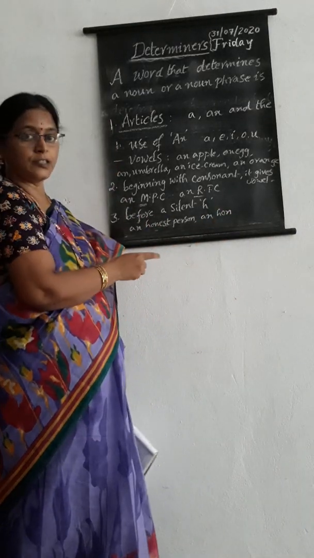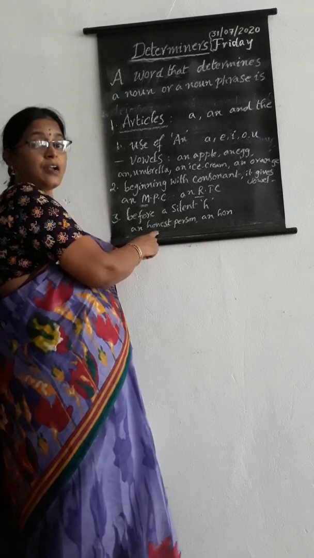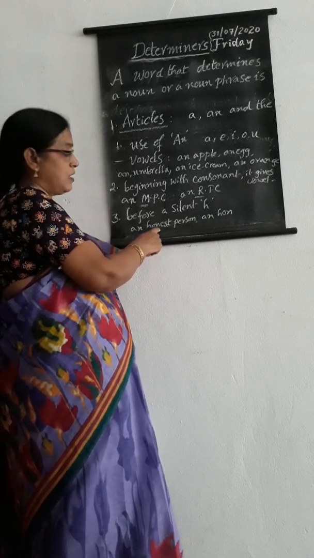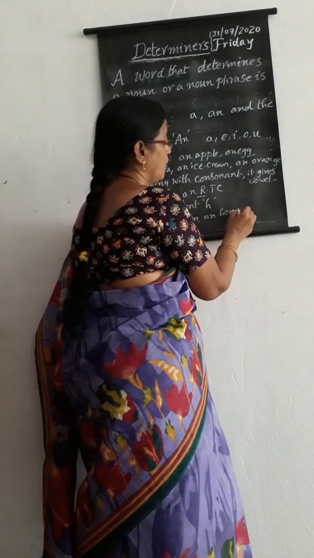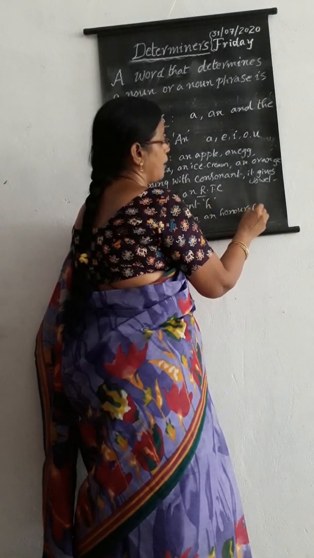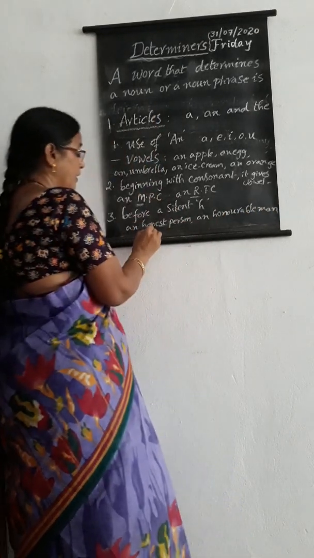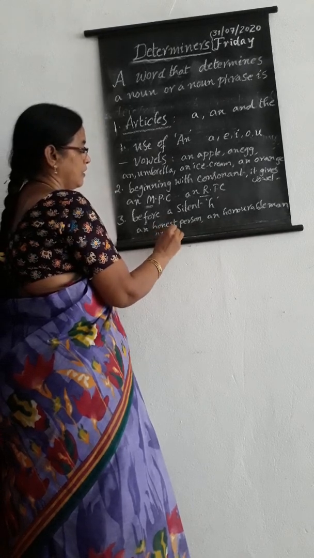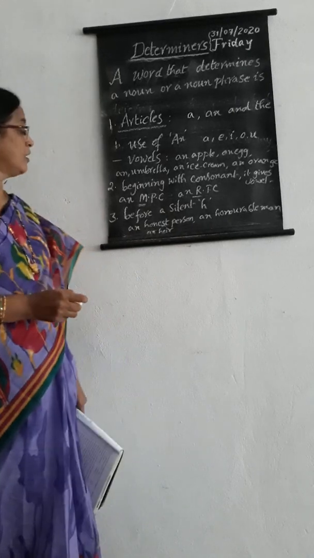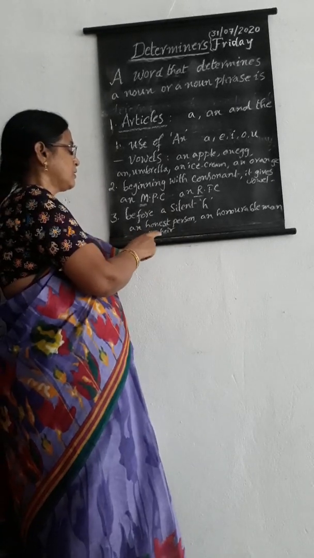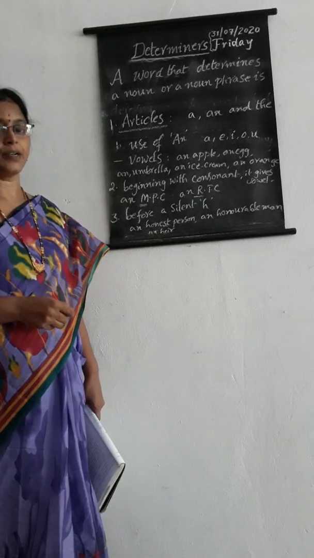The word should be pronounced honest, without the H sound. An honest person, an honorable man, an heir, H-E-I-R, not H-A-I-R. Here H is silent. Before a silent H, we have to use the indefinite article an.